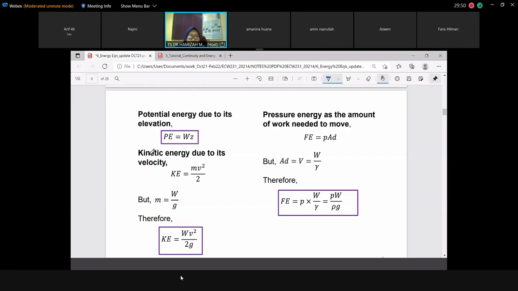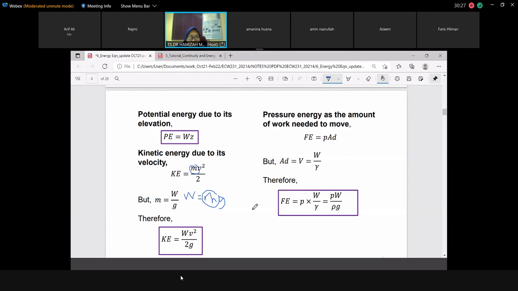So kinetic energy is represented by KE. So kinetic energy involves mass and also velocity. It is mass times velocity squared divided by 2. Okay, so this mass for kinetic energy will be represented by weight bahagi gravity. Sebab sebelum ni kita dapat weight equals to mg. So when we need to use the mass, the weight will be divided by gravity.